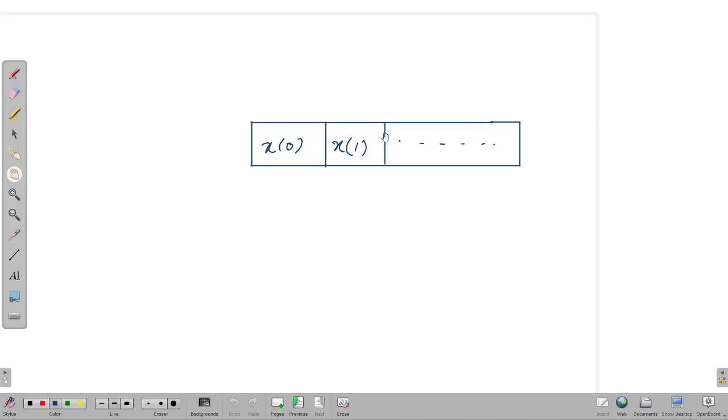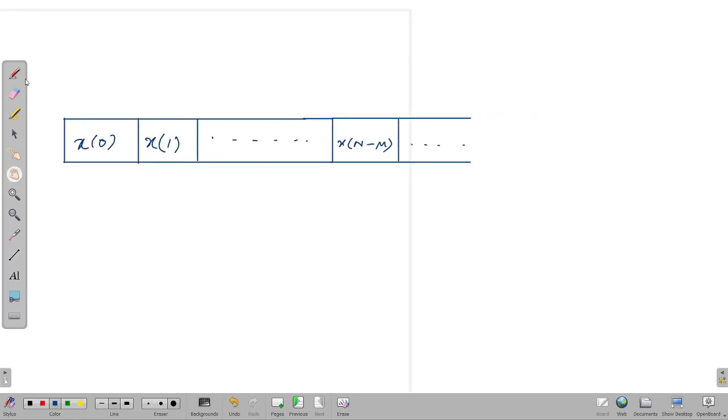So let me mark that also, because that's a significant point. That is where the cyclic prefix starts. X of n minus mu goes up to x of n minus 1.